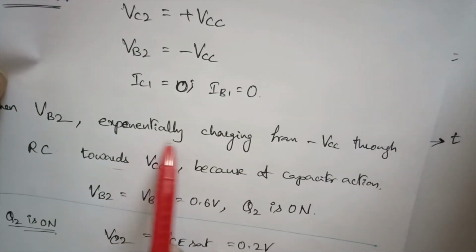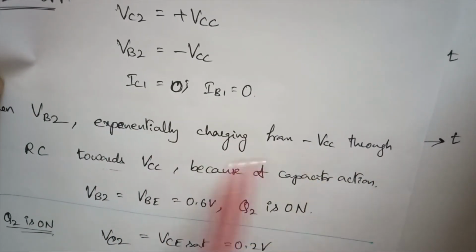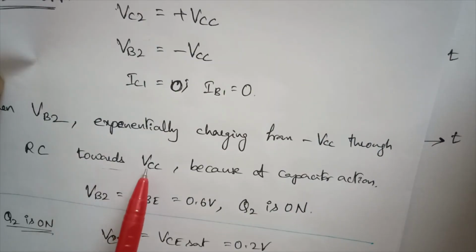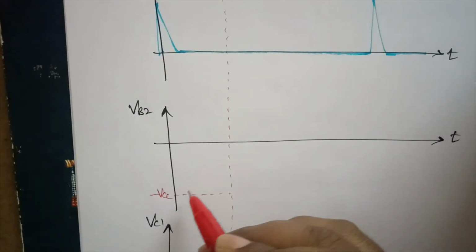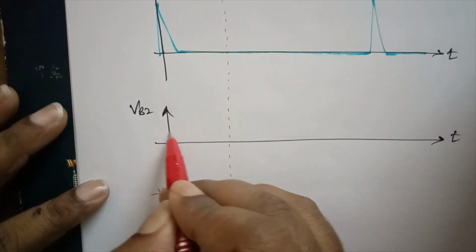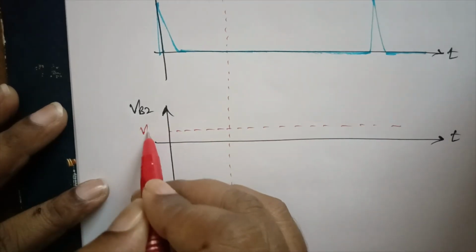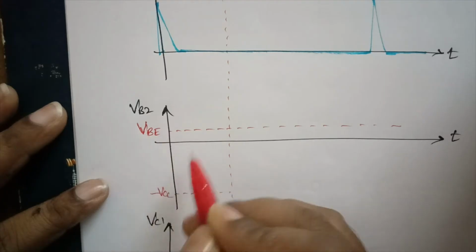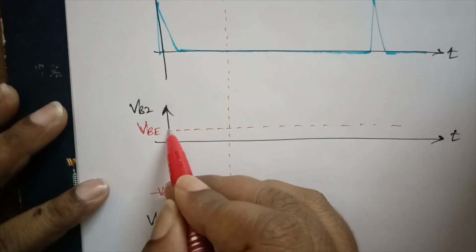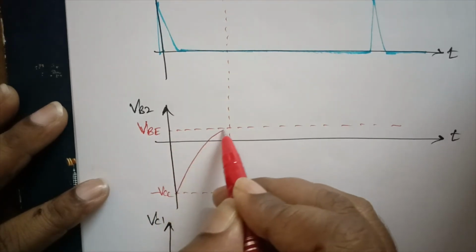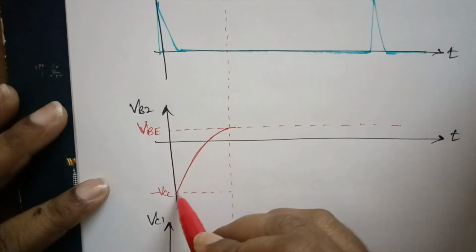Now here what happened? VB2 is exponentially charging from minus VCC through RC towards VCC. Here I consider one more reference point. So this is VBE. So it is exponentially charging to VBE.